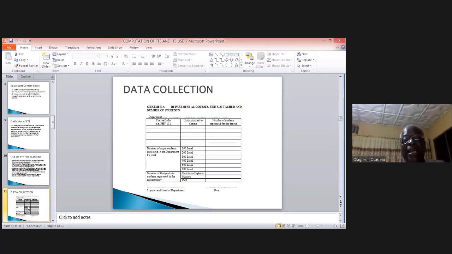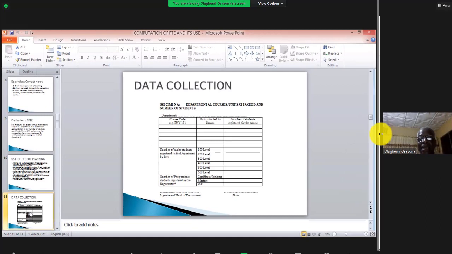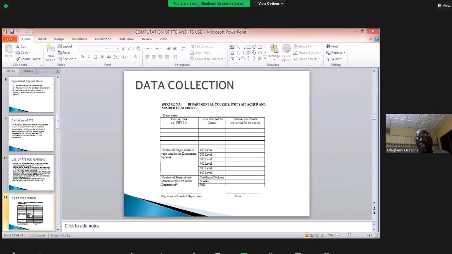How do we gather the information that we need? What information do we need? This is a major challenge. It's more difficult to get the data than to do the calculation. We can get the data either directly from the departments or from the exams and records of the registry.